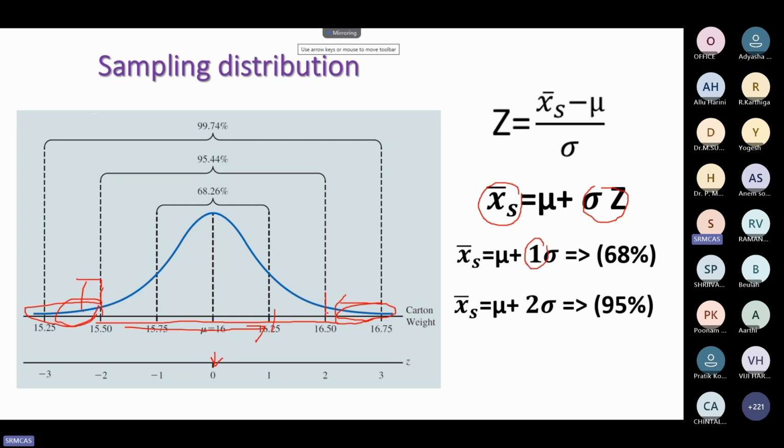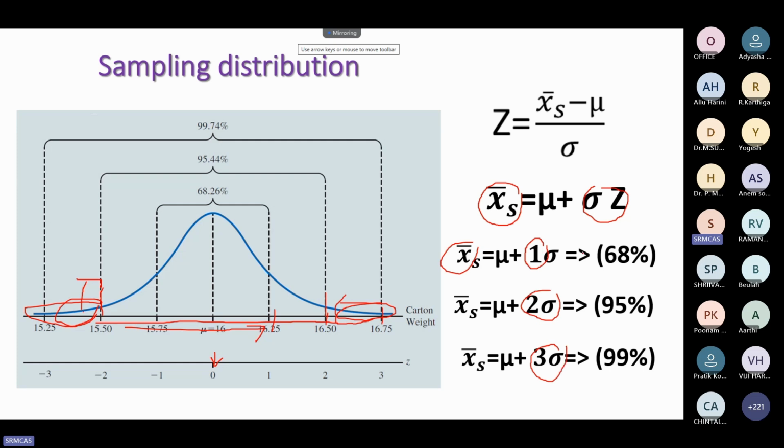If the z value is 2, then our x value will be there. Then if z is 3, then our x value will be located here. Okay, so this tells us that our x value is deviating from its mean value by one standard deviation, two standard deviations, and three standard deviations.